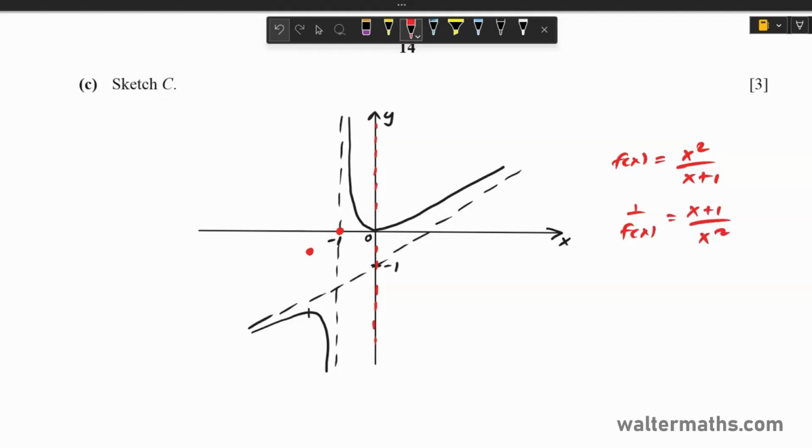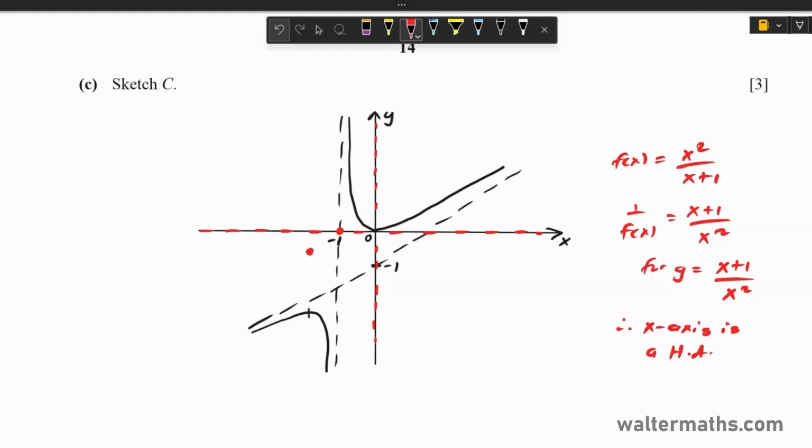Now, if you look at the graph y equals x plus 1 over x squared, you can see that the degree of the numerator is greater than the degree of the denominator. And this therefore means that the x-axis is a horizontal asymptote. So we're going to have a horizontal asymptote right here. Okay, the x-axis is a horizontal asymptote.